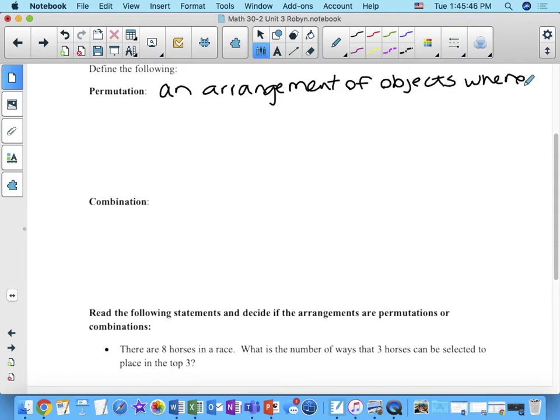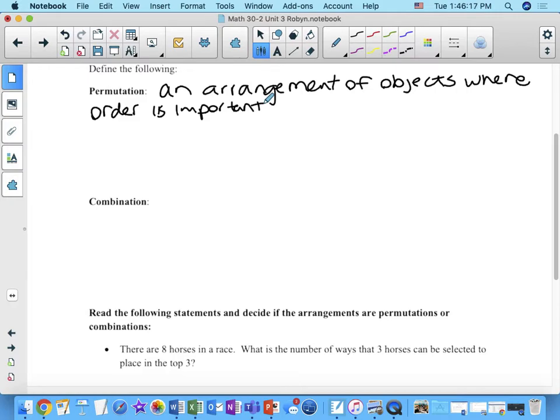where order is important. Okay? Combination. Yes, so instead of the word arrangement, what would you use instead?